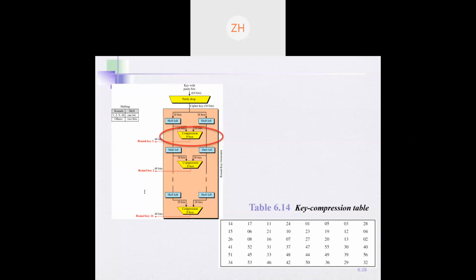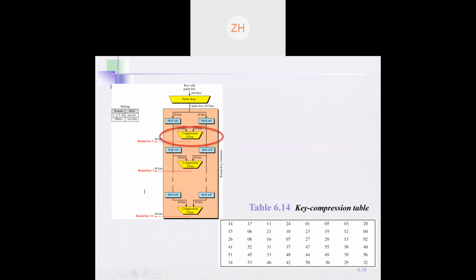So after the compression box, we get the 48 bits, and this is the one we use for round key 1. For round key 2, you take the previous shifted left and right halves and shift again.